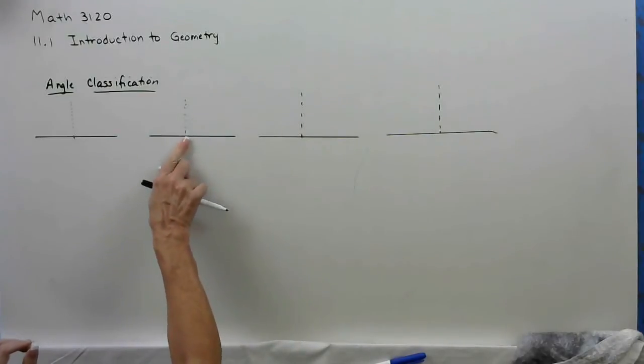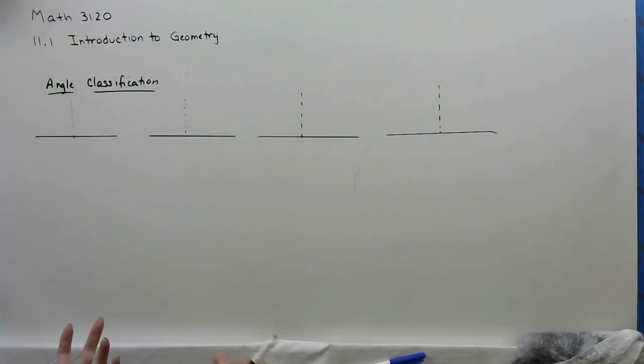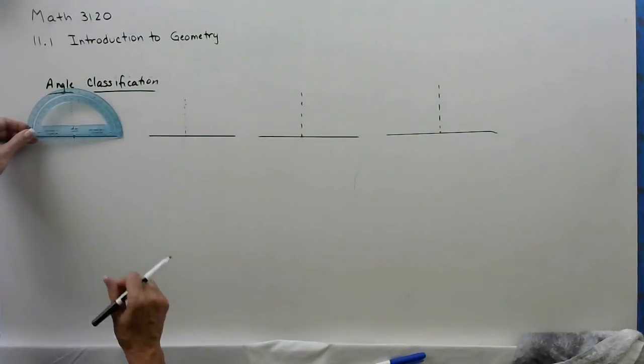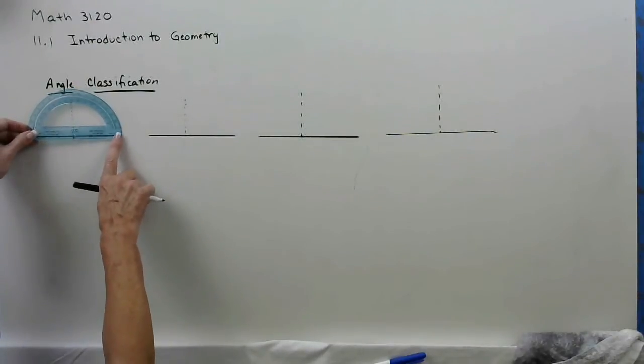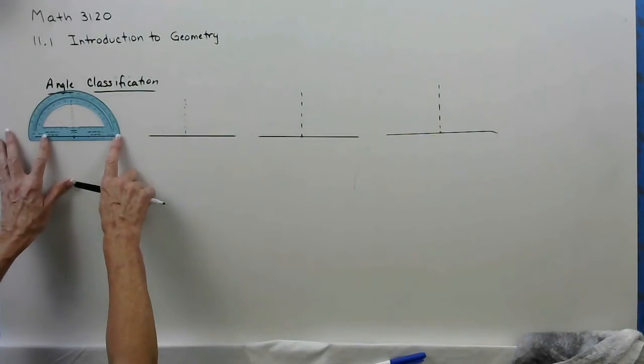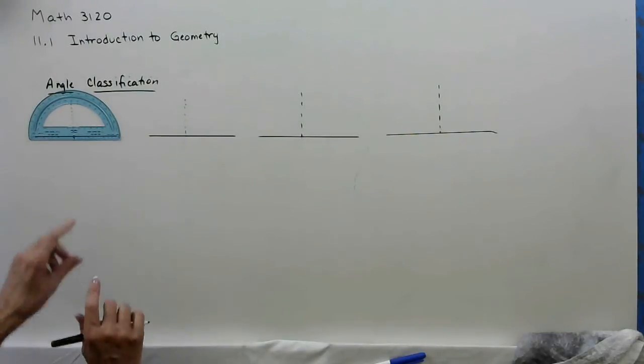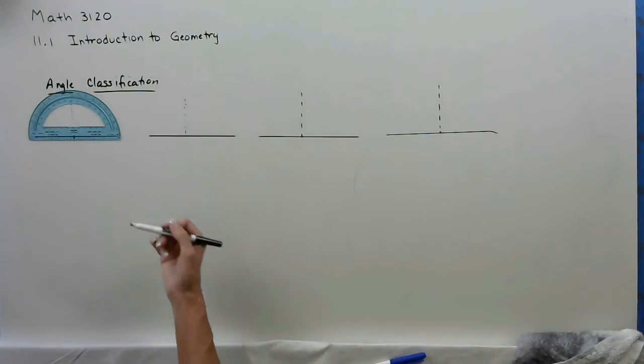All right, so when we look at our angle classification, we can use our protractor or not, but if I lay my protractor down so that this 0 line is right along, I call it a 0 line, you'll notice it comes right up here to 90.